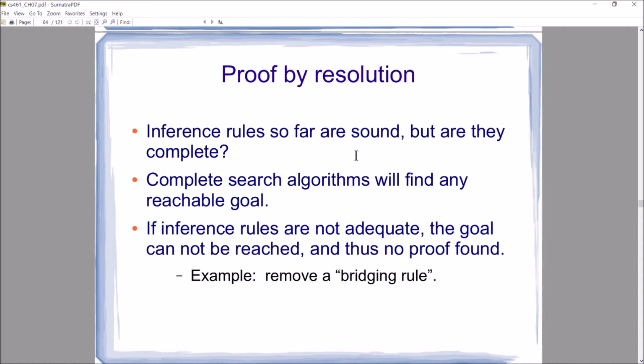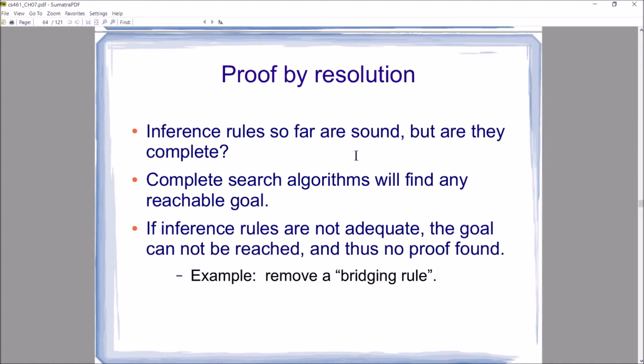Okay, so to get around that, to make sure that you can always find the goal, we need a new inference rule that will allow us to ensure that we have complete inference algorithms.